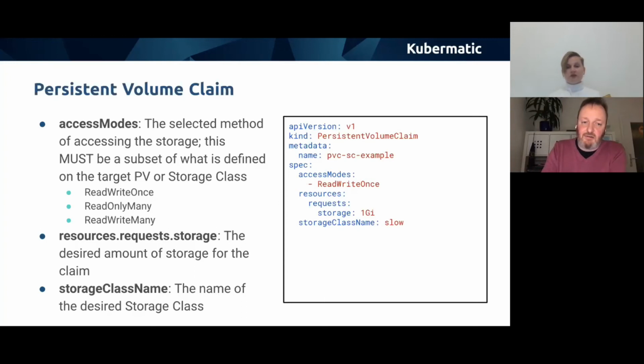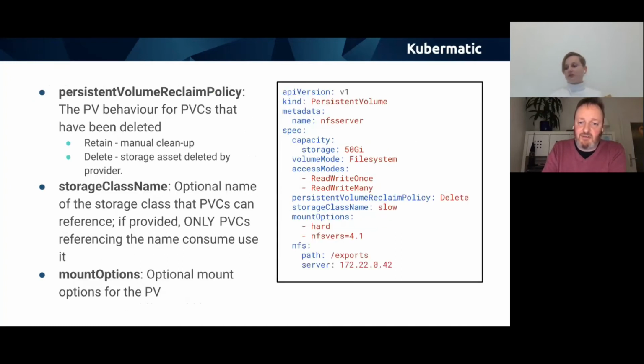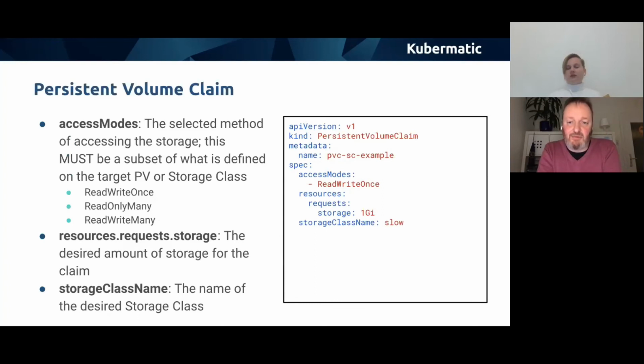So you see that here is read-write once, and it is a subset of read-write once and read-write many in the persistent volume. So this, for example, would already match.